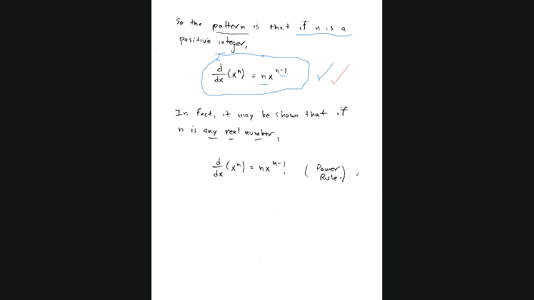So we basically feel comfortable that the derivative of x to the nth power with respect to x would equal n times x to the n minus first power. We're comfortable with that when n is an integer. But in fact, it can be shown that if n is any real number, like a fraction or a decimal, the derivative of x to the nth power with respect to x will equal n times x to the n minus first.